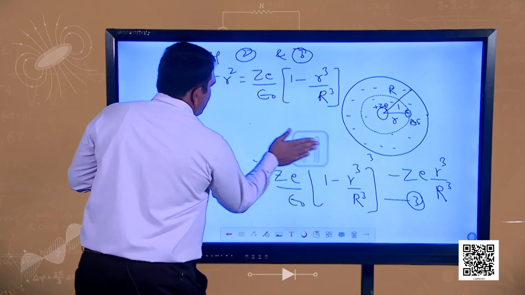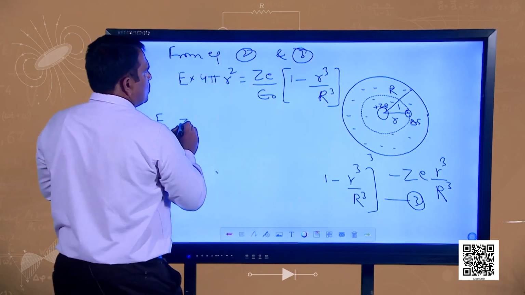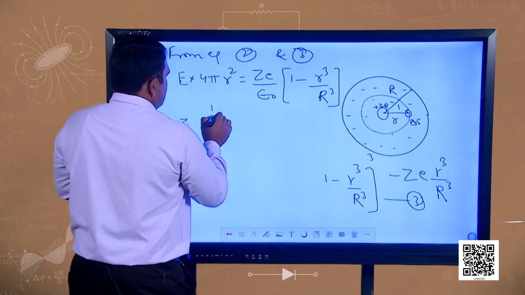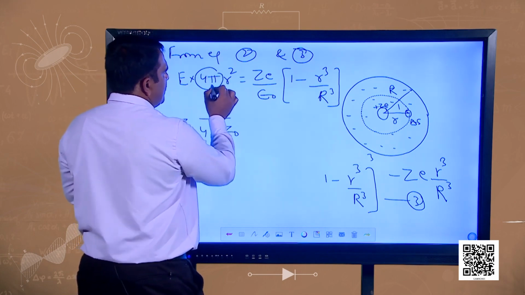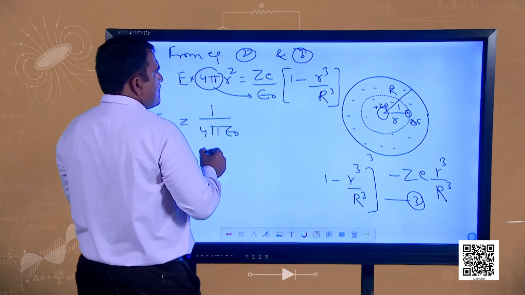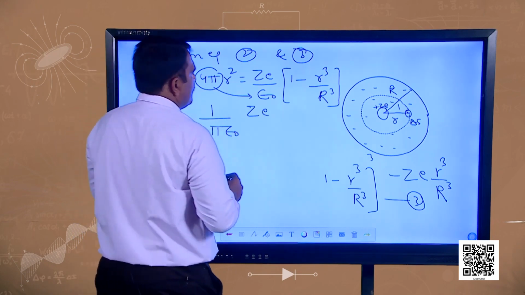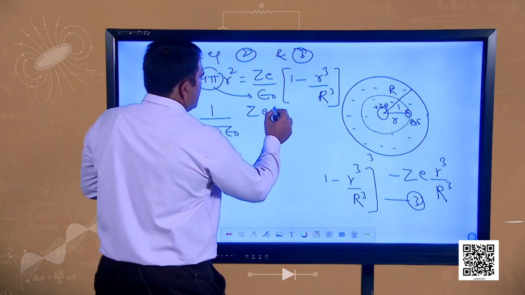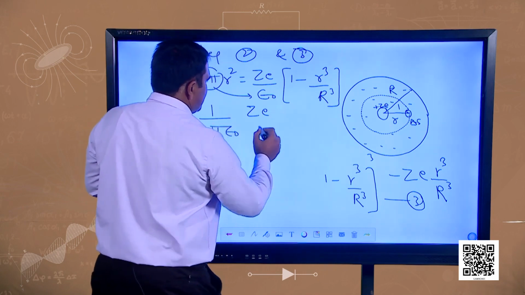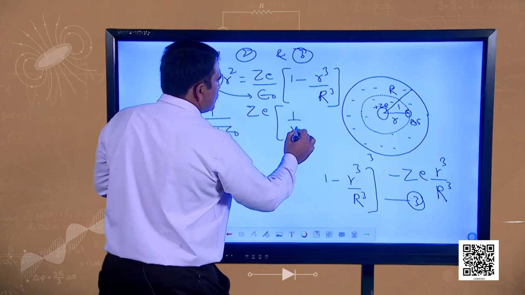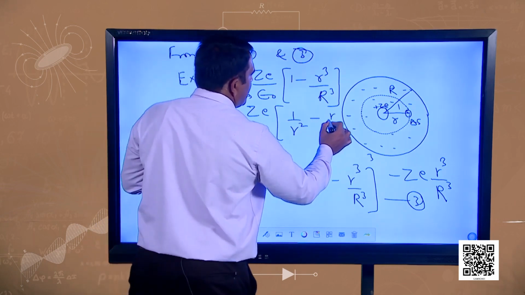So the value of electric field comes out to be 1 by 4 pi epsilon naught into ZE, and we can take this r square into this, so we get 1 by r square minus r by capital R cube.